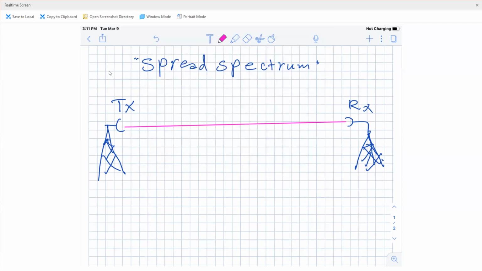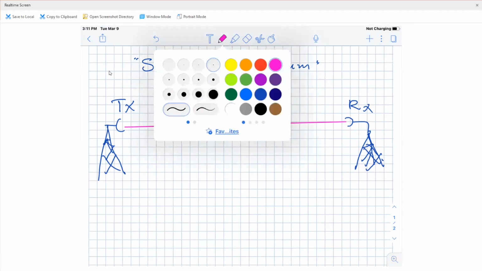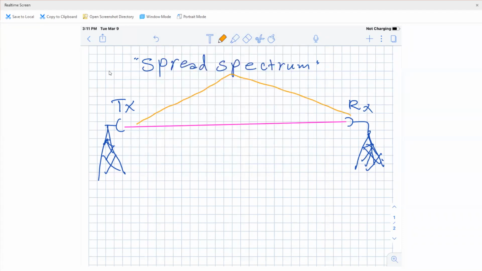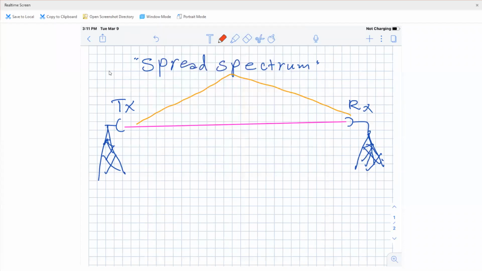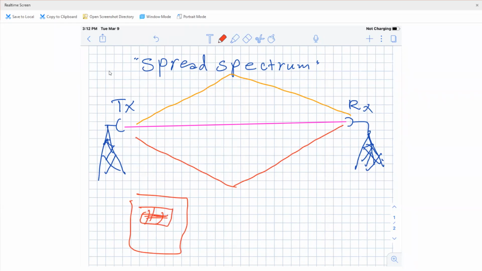We have another signal, which is what? Reflected signal. And we may have a ground reflected signal. Again, we have another kind of signal due to, for example, high buildings, called a scattered signal. Okay, so this one will be a reflected signal. This one again, ground reflected signal.